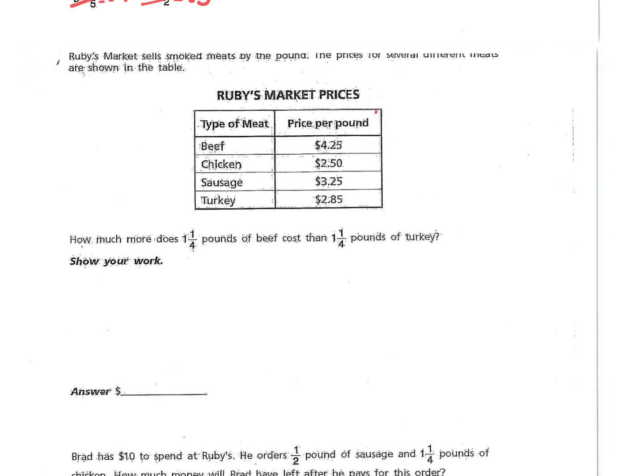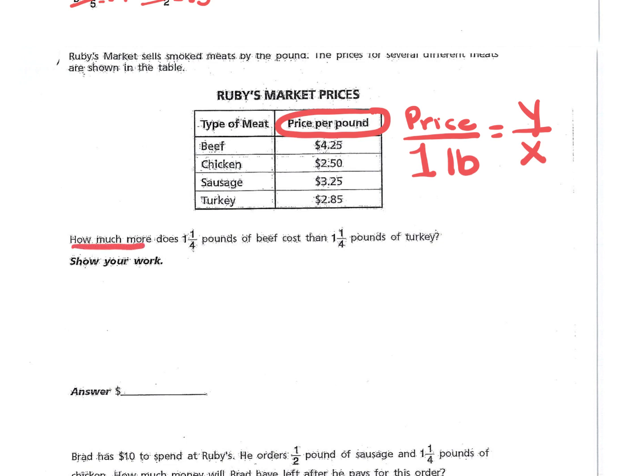We see that the prices we've been given here in the table, that is the price per 1 pound, Y over X. Well, how much more does 1.5 pounds of beef cost than 1.25 pounds of turkey?